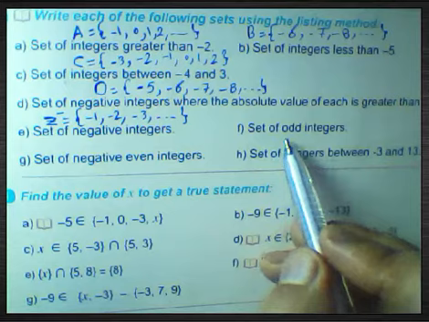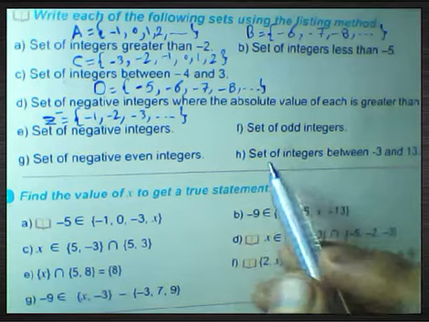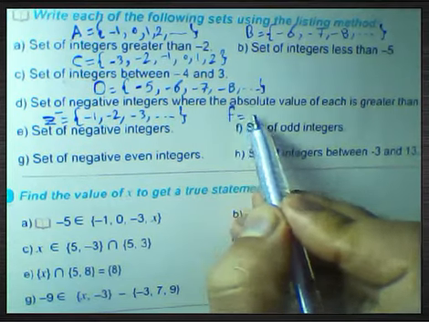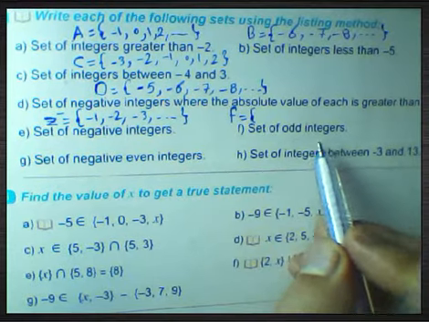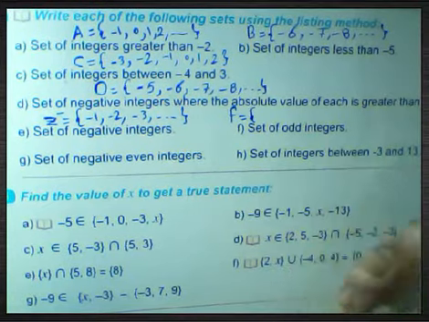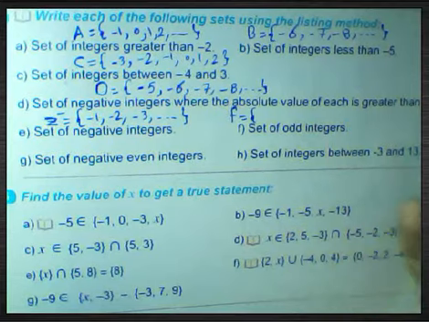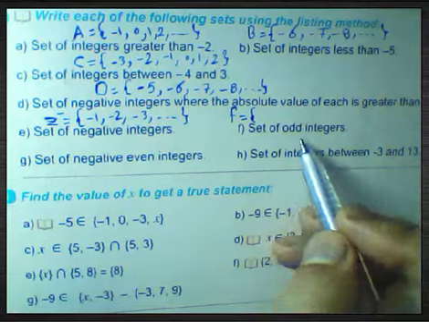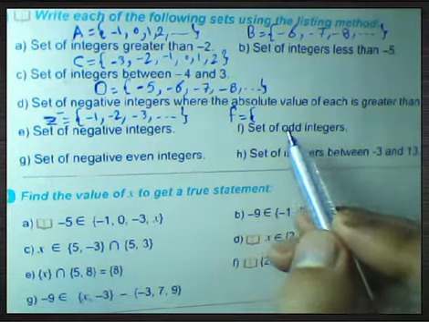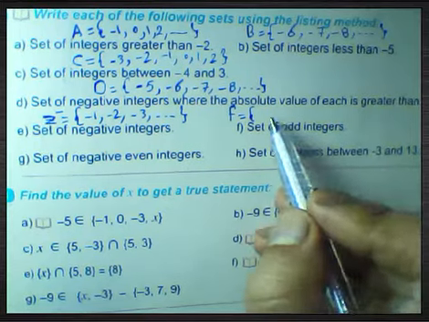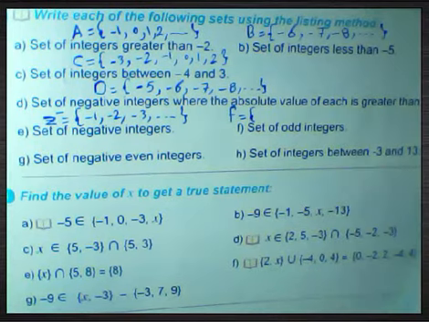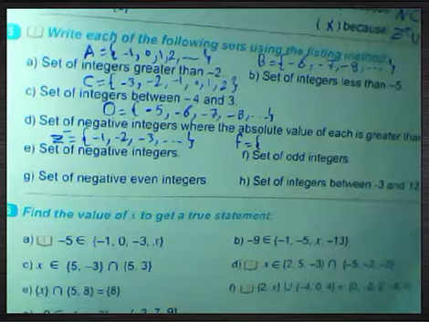Set of odd integers. We can write the odd integers such as 1, 3, 5, and so on.